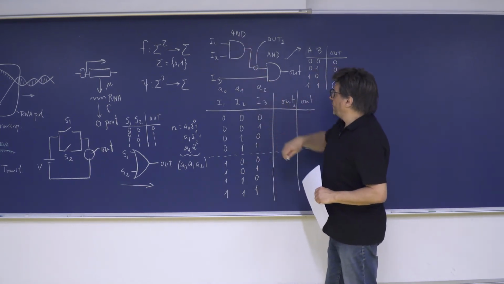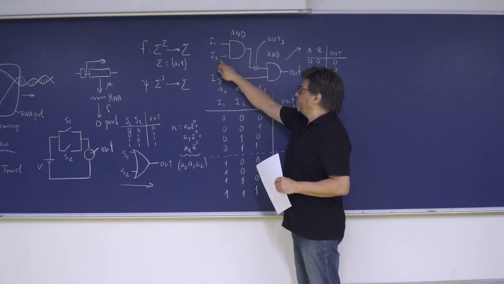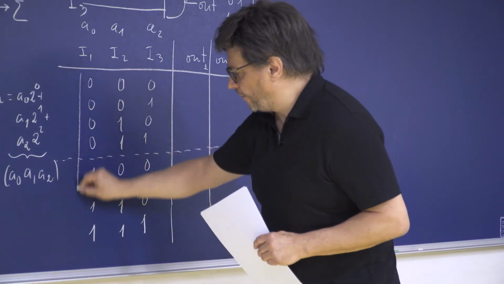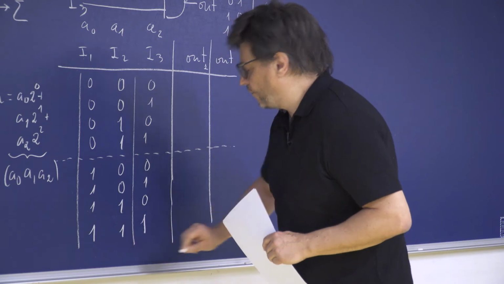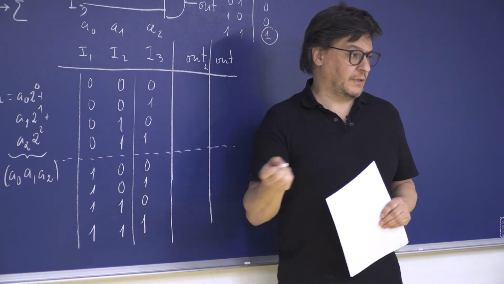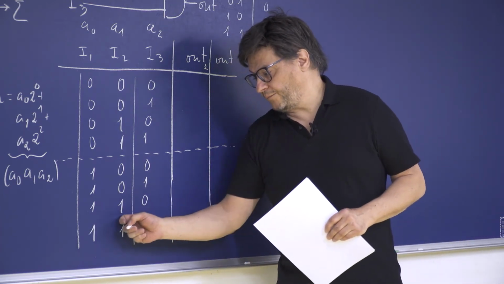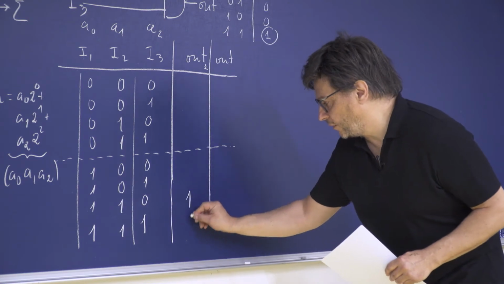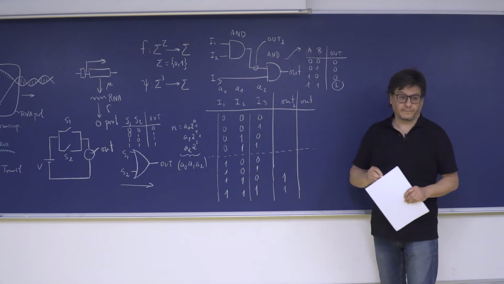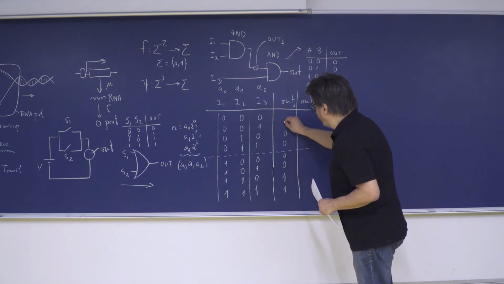What's going to be the output 1 from A1, A2? I just need to look at this subset now, and I don't have to go case by case, because there's only one favorable case. 1, 1, 1, 1. These are the only cases where the output here will be 1. All the rest are zeros.